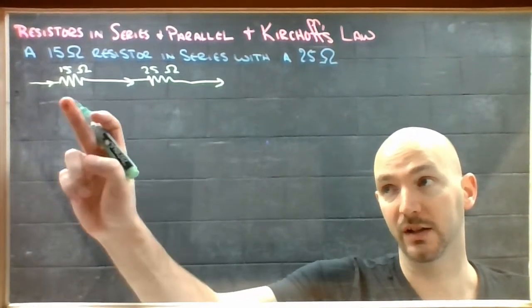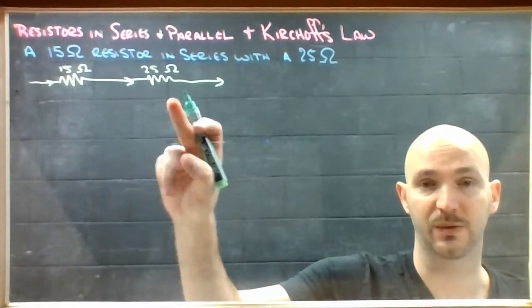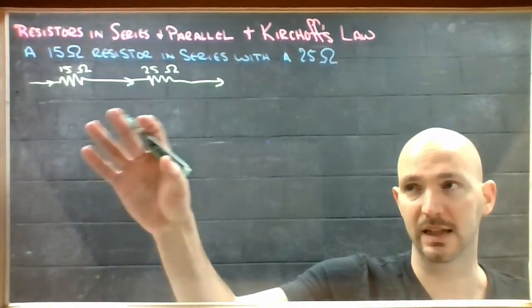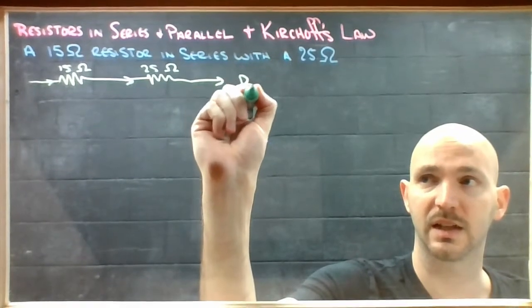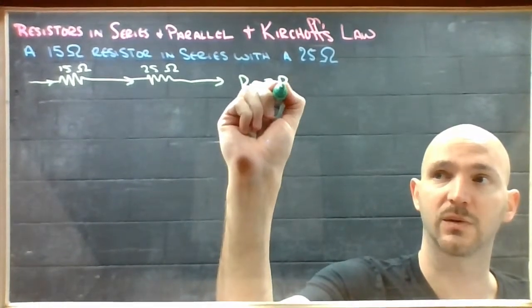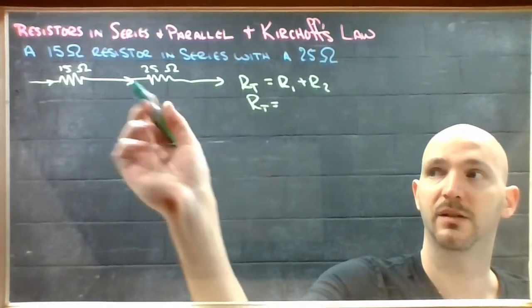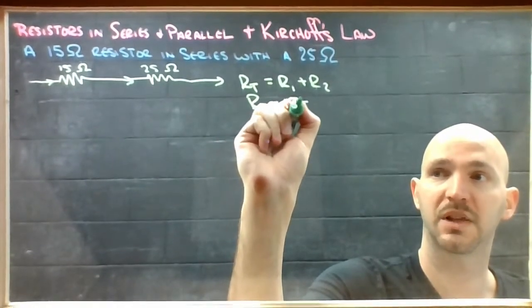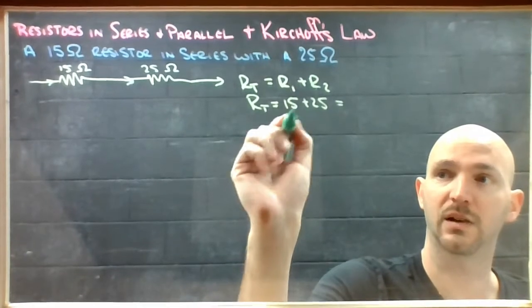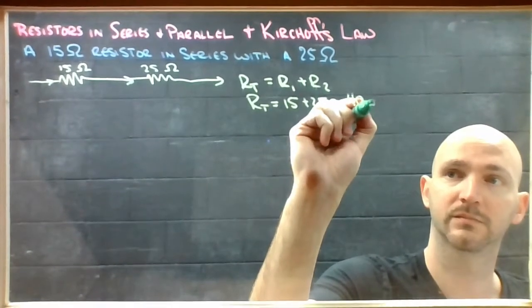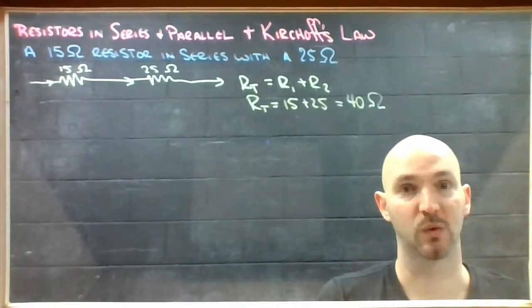So any current that goes through this has to also go through that. So when I see these here, the total resistance in a series circuit is just the resistors added together. So 15 plus 25 for a total of 40. No problem.